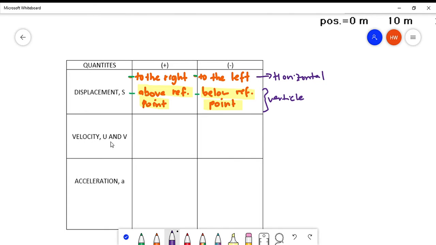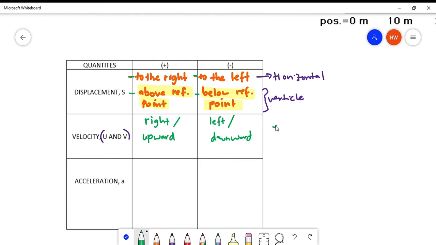Alright. For velocity, which is u and v, it will be positive when it's to the right or upward. Okay, this one is simple. Right or upward, and then this one will be left or downward.